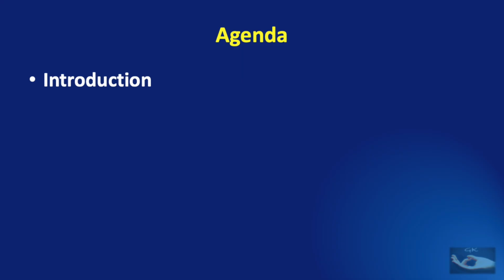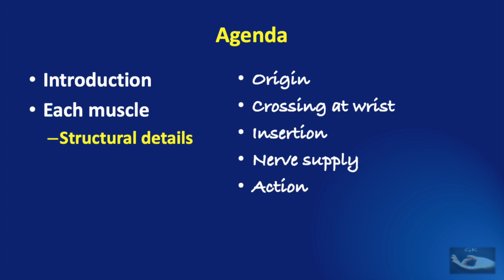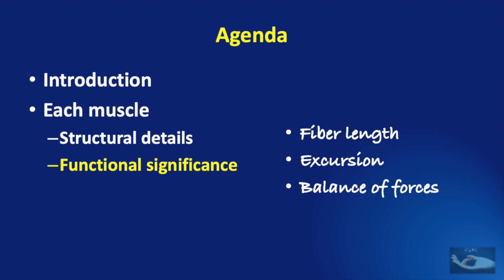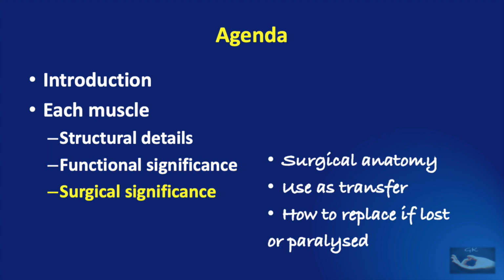First, we shall see a short introduction about the muscles, then learn about each individual muscle, the structural details, that is, the origin, the crossing at the wrist, the insertion, the nerve supply and the action, then the functional significance of each muscle like the fiber length, the excursion, the balance of forces and the functional significance of the action of the muscle, the surgical significance, that is the surgical anatomy, the use of the particular muscle as a transfer and how to replace the muscle if lost or paralyzed.